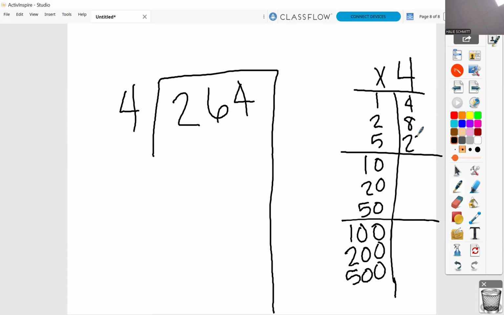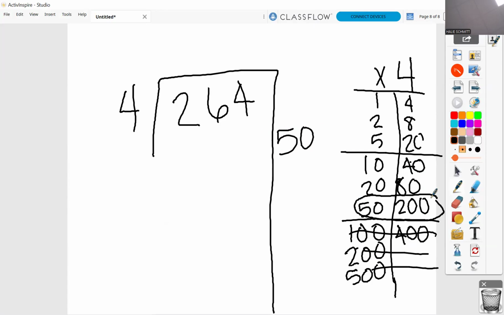As we fill this in, our numbers can stay the same, except we're adding a 0 each level. Once I get to something that is larger than the dividend, we get to stop. And we get to pull out groups.